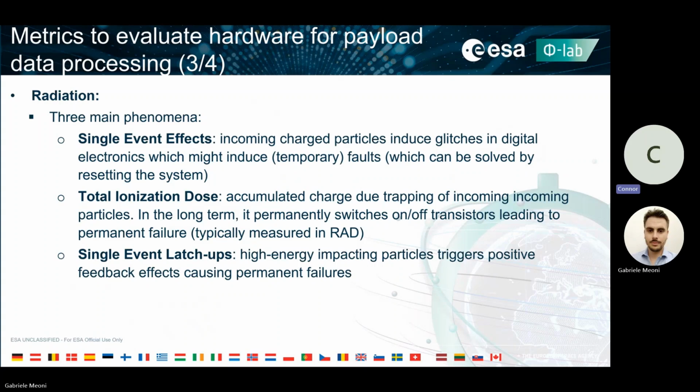Then there are also more severe effects like single event latch-up. When a high energy particle hits your hardware, it might create a positive feedback loop that amplifies the current in the transistor, and the transistor dies immediately. So as you can see, processing in space can be dangerous, and radiation really sets a limit to your reliability. So it's important that the hardware is also radiation tolerant.